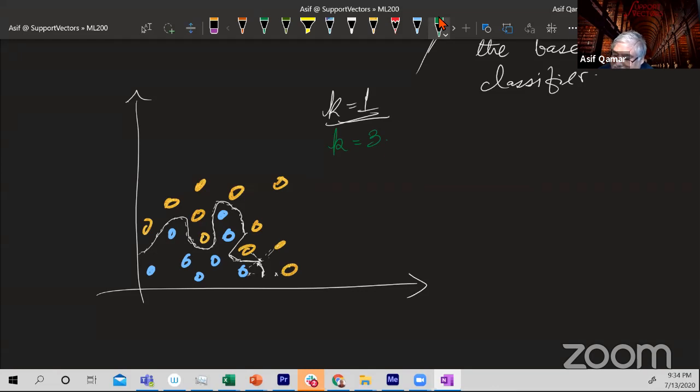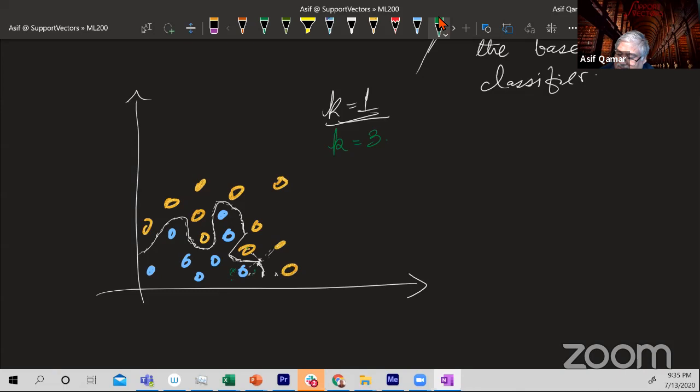You realize that up to here, very close to it, let's ask about this point. What are the 3 nearest neighbors? 1, 2, 3. So it will be declared as blue, isn't it?